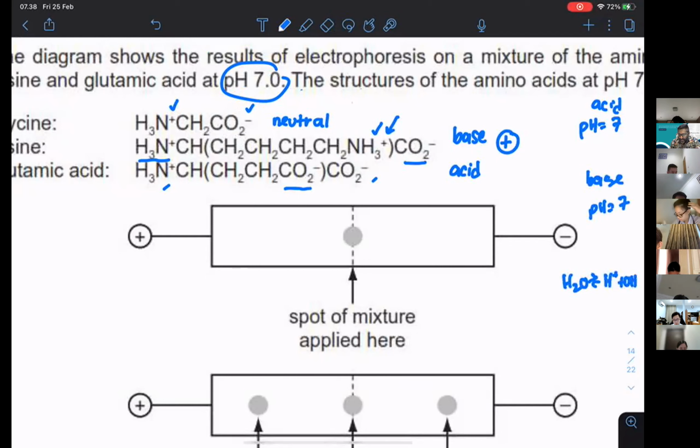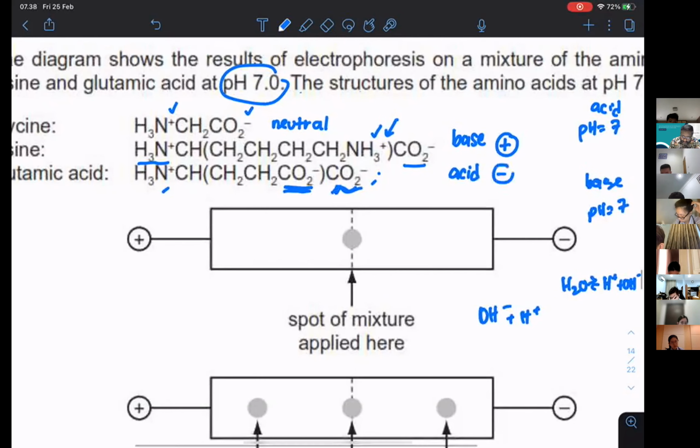The OH- can react with the H+ from here to give you water. So still a negative ion is formed. I'll just put: negative ion is still formed, whether it is base buffer or pH 7. Please remember this.